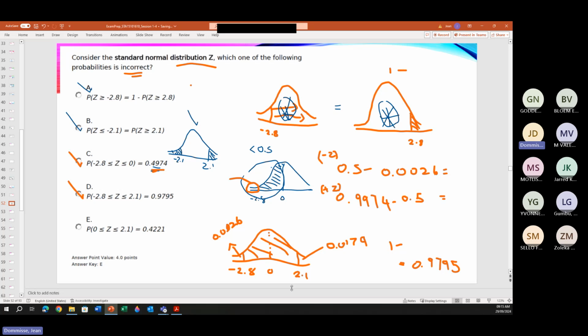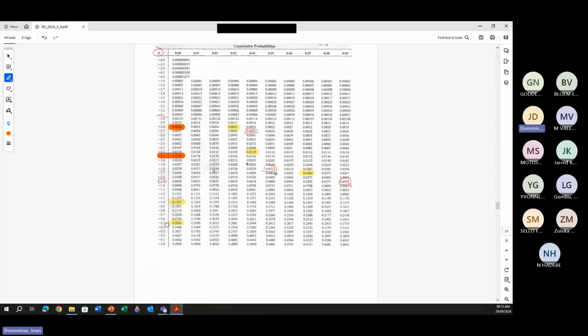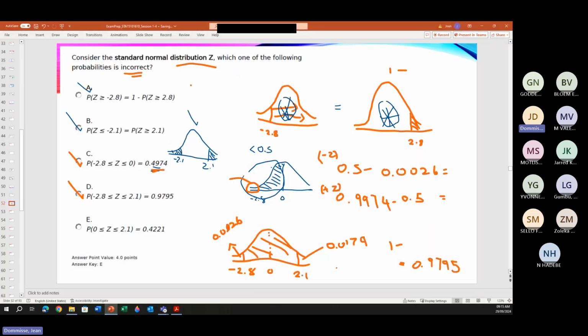What you can also do is get the 2.1, but now it is a longer process. Let's get for positive 2.1, 0.9821. So we could have said 0.9821 minus 0.5.